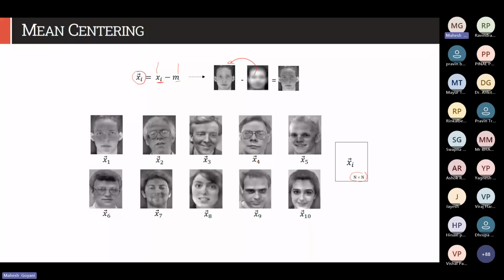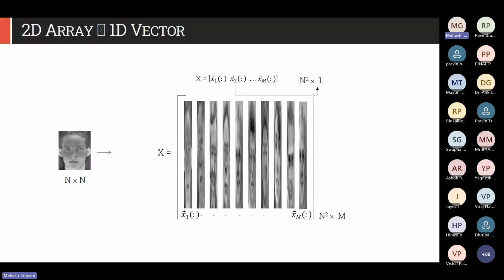After that, whatever ghost images we have, that is right now 2-dimensional, n cross n. That we have to convert into 1-dimensional. So this image will be converted into a vector, and this vector will have dimension n square by 1. Okay?